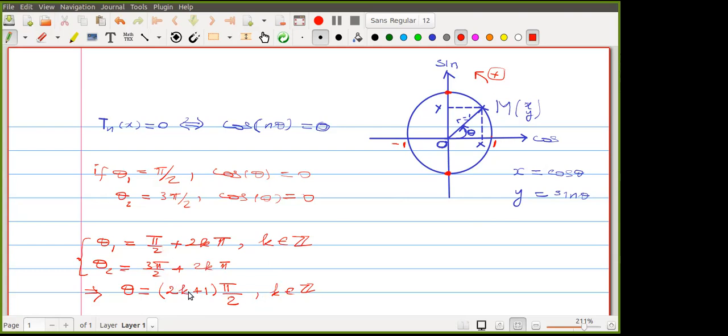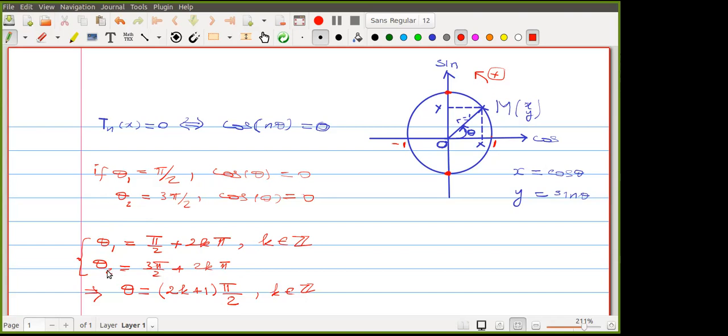Now, if k is equal to 1, this will be 2 plus 1, 3 pi by 2, which is this one, 3 pi by 2. So you can see that by changing k from 0 to 1, I take one value of theta 1 and the next will be theta 2.